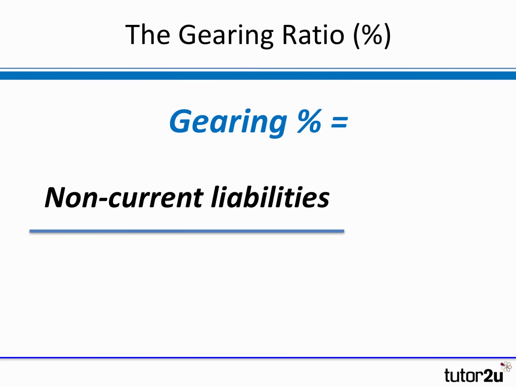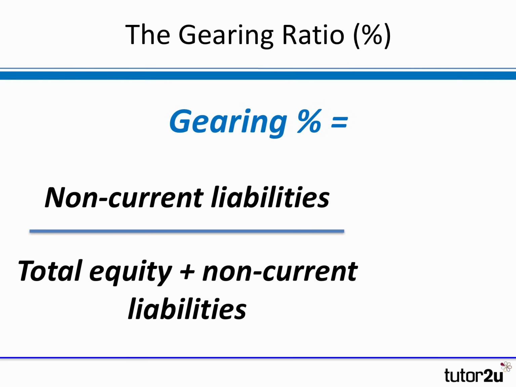You take the non-current liabilities, the liabilities the business owes for more than 1 year, typically the bank loan owed over the long term, and you divide it by the equity part of the capital structure plus those non-current liabilities, in other words, the total capital invested in the business. To express that as a percentage, you multiply by 100.